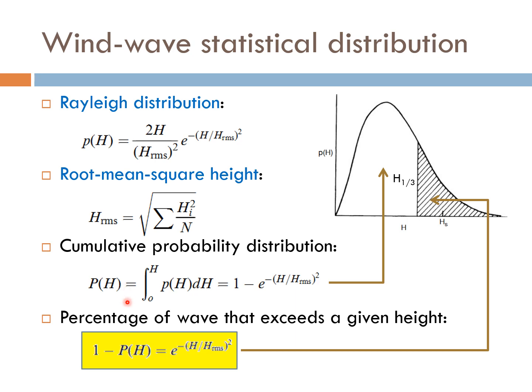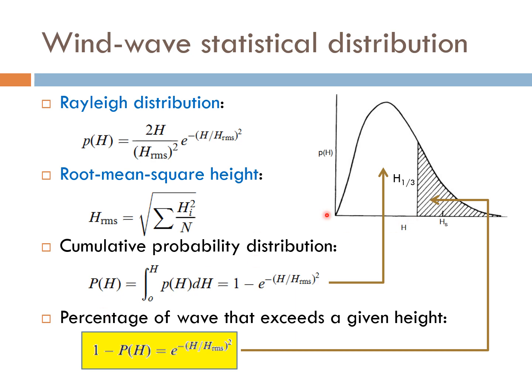And so if we define a particular wave height H, let's say this value, then 1 minus the cumulative probability distribution will be this area here, and that area represents the percentage of the waves that exceed this particular wave height.